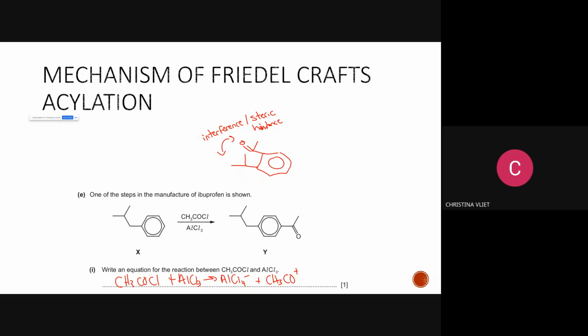If you have a large bulky group, it's more appropriate for it to go to carbon 4 instead of carbon 2 or 6, so that it has more space. Big bulky groups usually go across, not right next to, whereas small groups, like single atoms, will go right next to easily. So there is a reason they're choosing to put this on carbon 4, across, not on carbon 2 or 6.